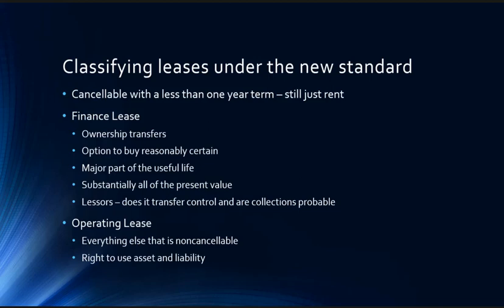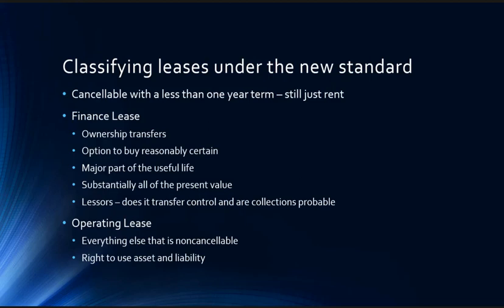A 6-month lease of a piece of equipment for short term, because you used it for the growing season or for the summer when you're busy, would not be a lease under this standard because it is less than a 1 year term. That would still be recorded as rent expense and cash, just like we have all along. So that exception still exists.